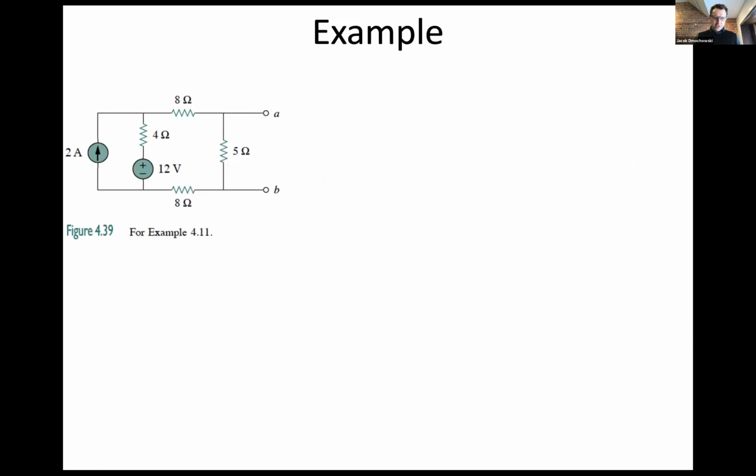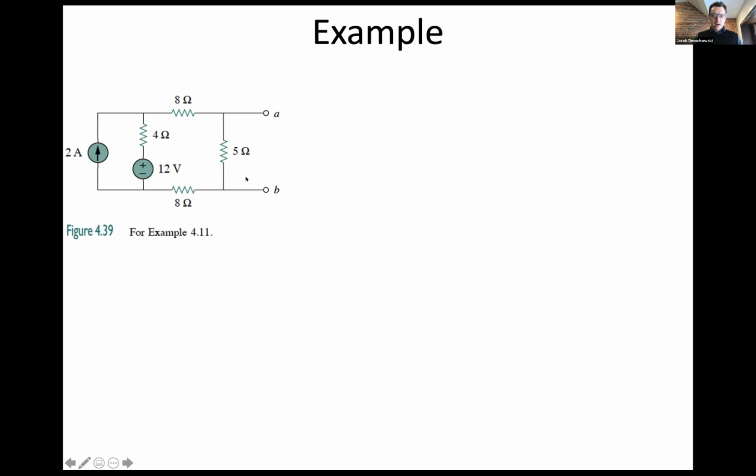Okay, so let's do our first Norton example. So here we have a fairly simple circuit that has two independent sources. We have a 2 amp current source on the left and a 12-volt battery connected in series with a 4 ohm resistor. Then we have a network of 3 resistors.